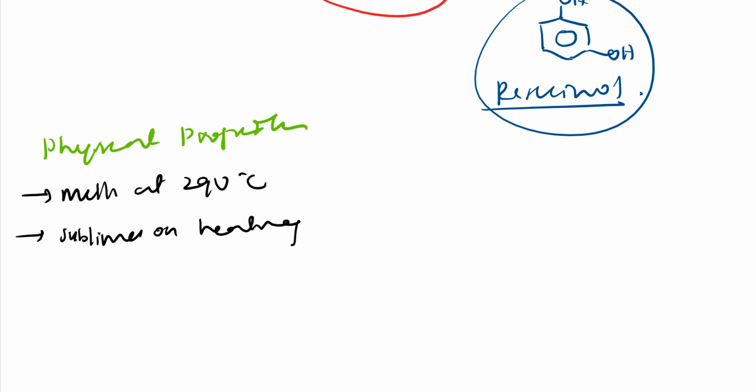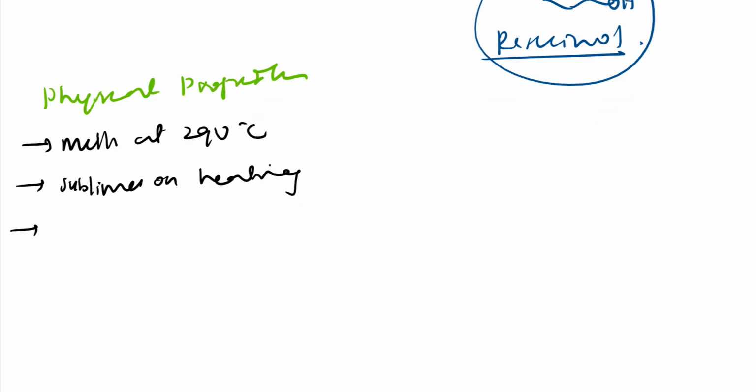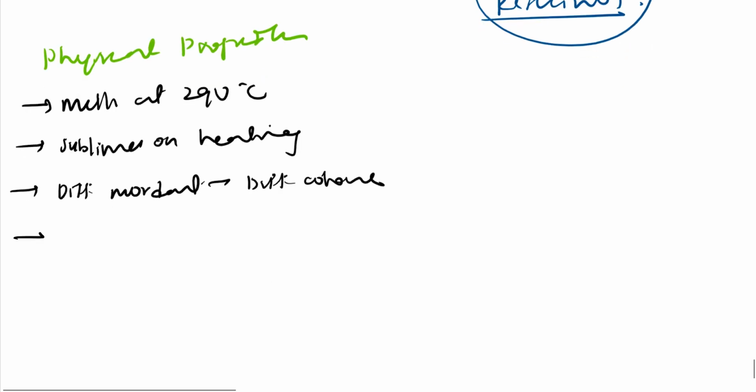Directly it converts from solid to gas. It forms different colors with different mordants, which I have explained, because it will form that coordinate bond which I have shown you. Everything I have told. And one more thing, we again discuss this in the chemical reactivity of alizarin.